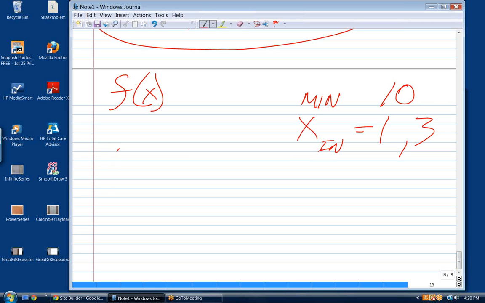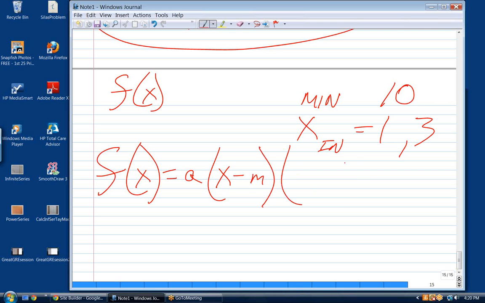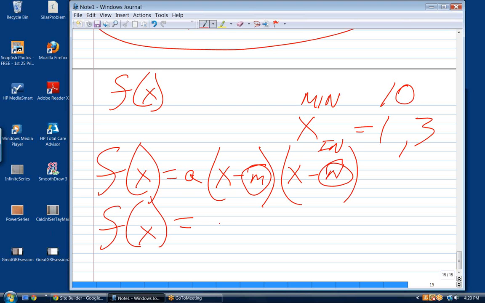Okay. One of the formats for a quadratic is this. I'm going to use different letters than h and k, because I don't mean h and k. In other words, I'm not putting the vertex. It's not h and k. That is the intercepts. So I can say f of x is equal to a times x minus 1 times x minus 3.